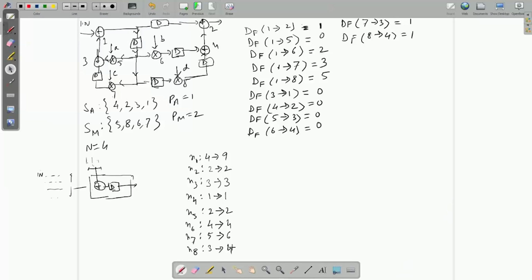Using this, I can carry out the lifetime chart.